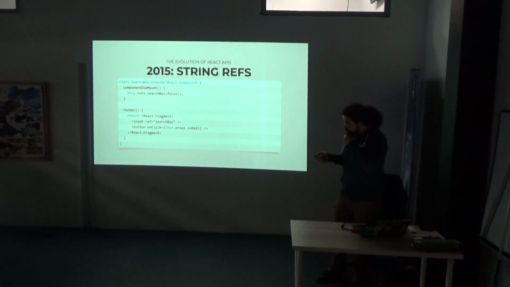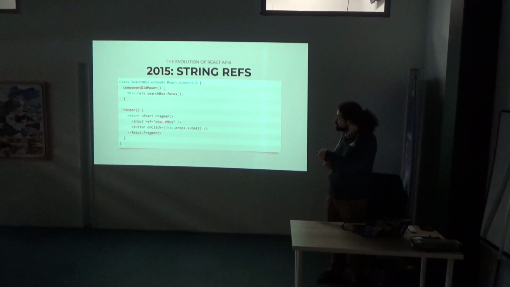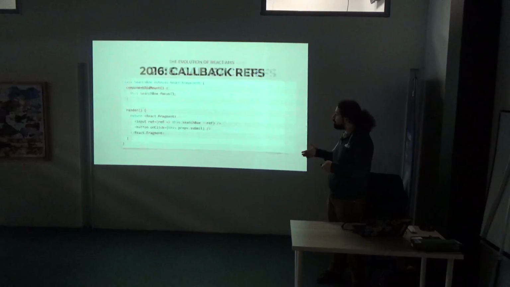In 2015, if you wanted to use a ref, which is the access to the actual DOM elements, you could do it like this: ref equals search box, attach a string here, and then the component magically knew to put that thing as a property of this.refs. This looks okay, but implementation-wise, it has a lot of weirdness underneath and breaks in a lot of specific situations. So they went away from that.